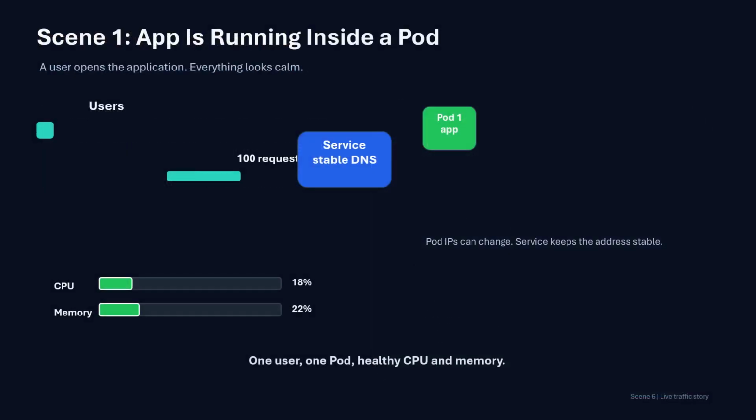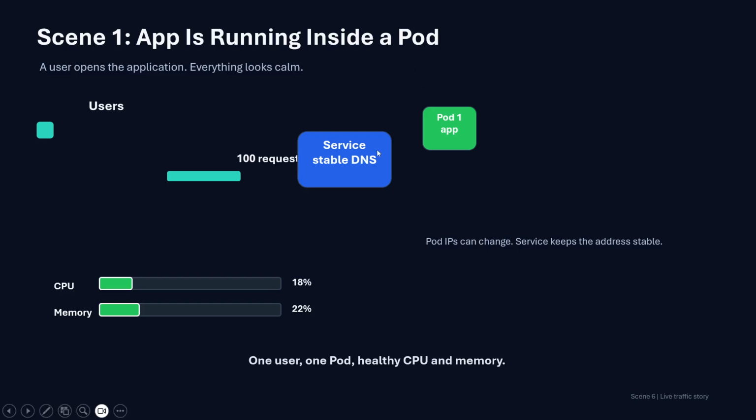Here my user is initially sending 100 requests. The request goes to the Kubernetes service, which redirects the traffic to the pod. Just imagine the current load of my pods is 18% and 29%.